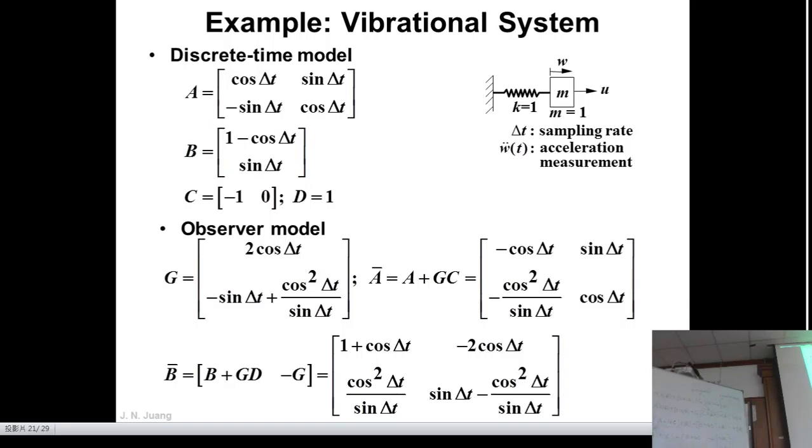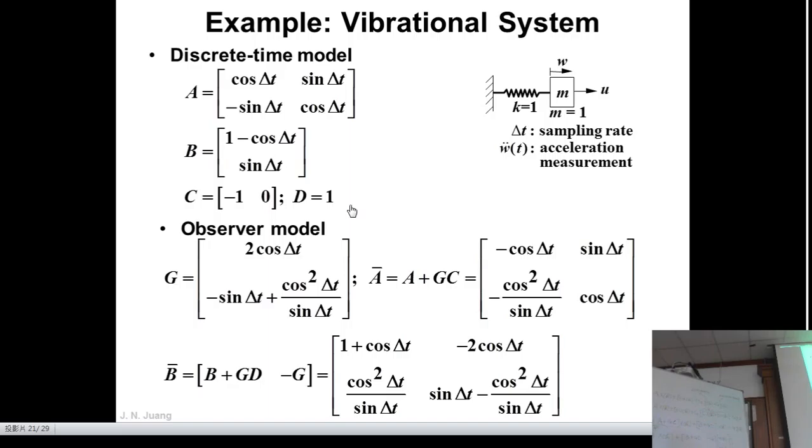And then my A, I will show you the discrete model for a spring system with M equals 1, K equals 1. Your discrete model will be cosine delta T, sine delta T, minus sine delta T, cosine delta T. Your B will be 1 minus cosine delta T and sine delta T. C will be minus 1, 0. Assume we have acceleration measurement and D equals 1.